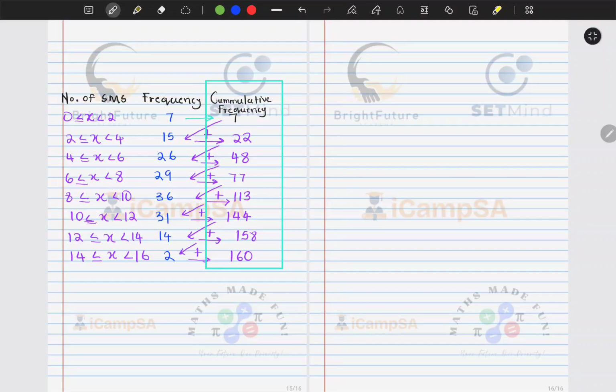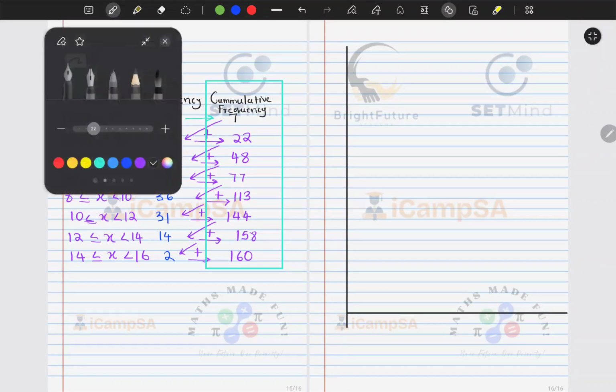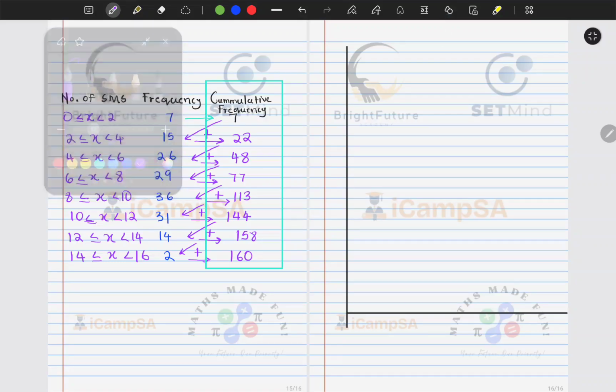Right, so let's go ahead and deal with this. Let's go ahead and cook. What I'm going to try and do is, if you observe carefully, we have 0 up until 16. So we can afford to move in steps of 2.